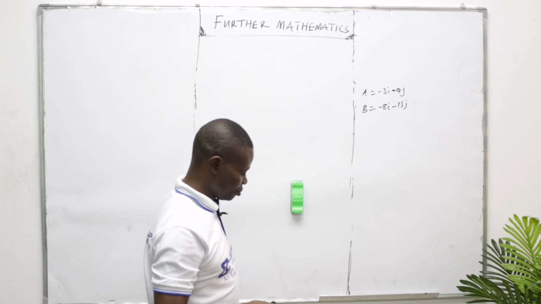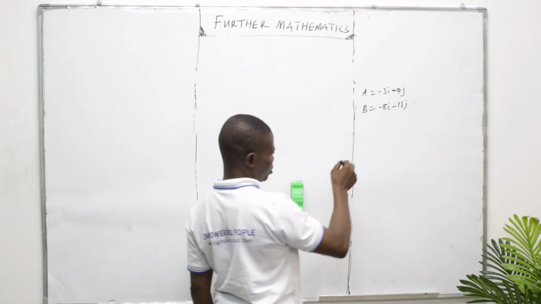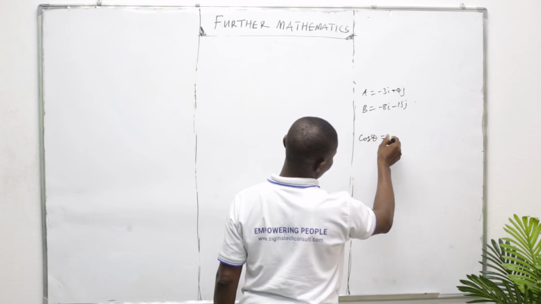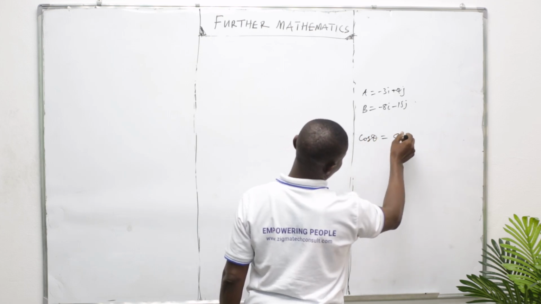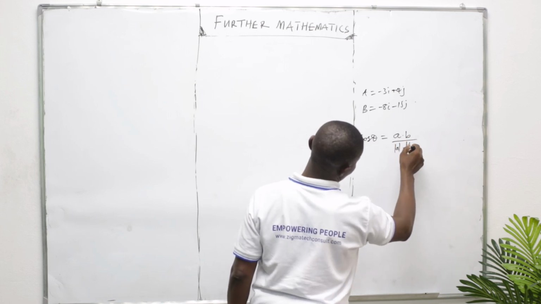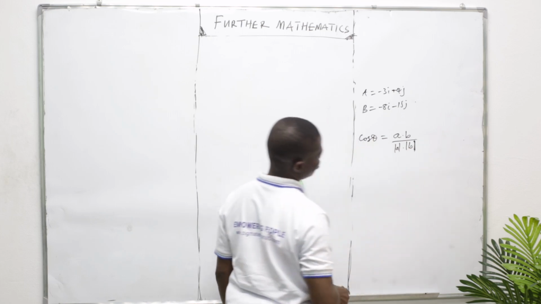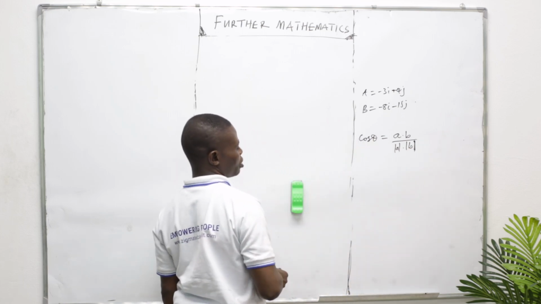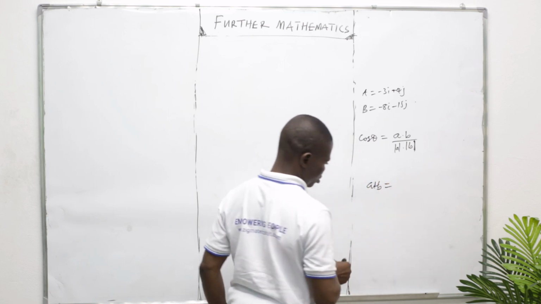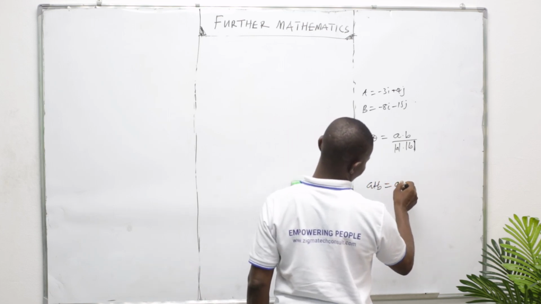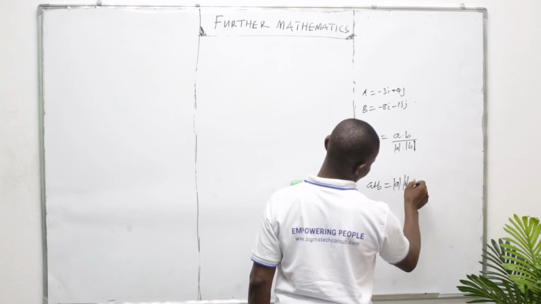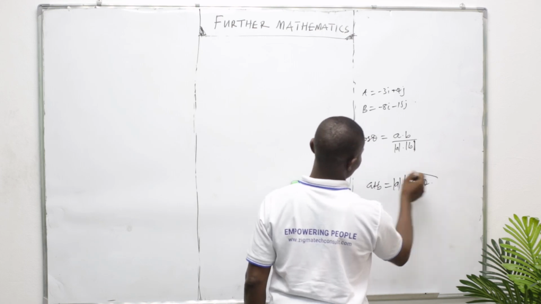Recall that cos theta equals A dot B all over magnitude of A dot magnitude of B. That's cos theta. And also, A plus B equals A dot B dot cos theta.